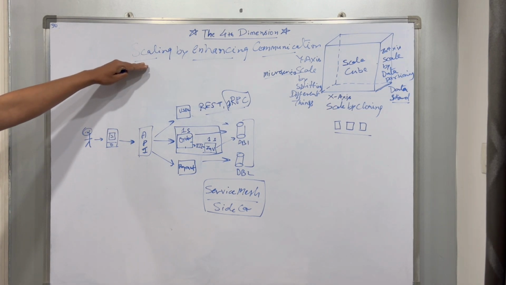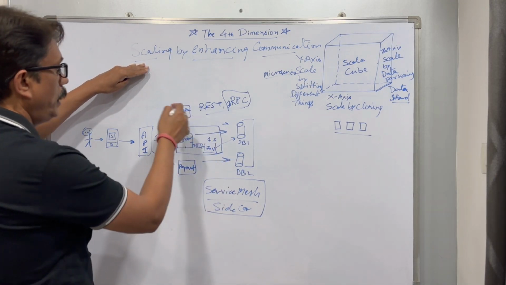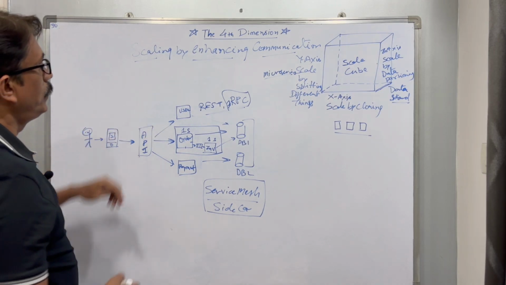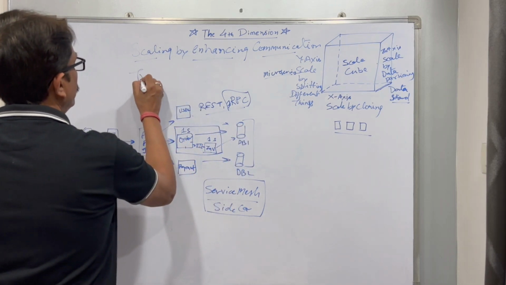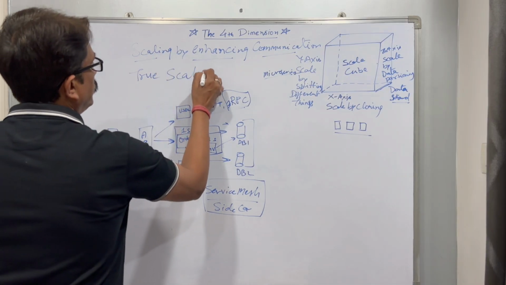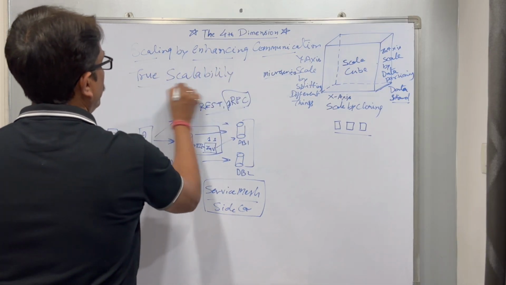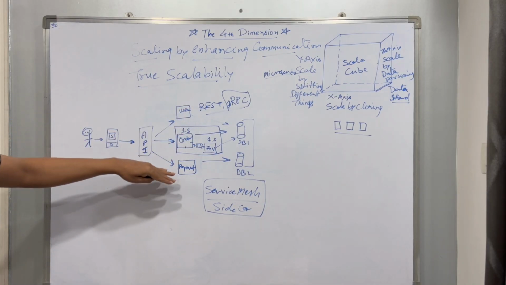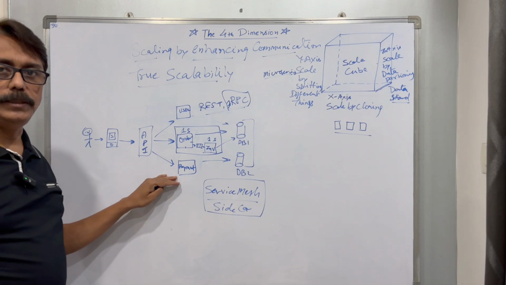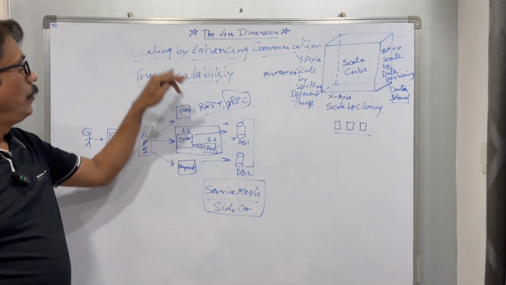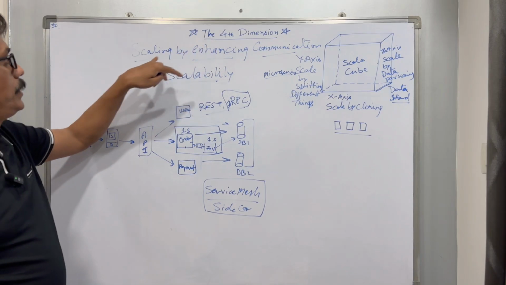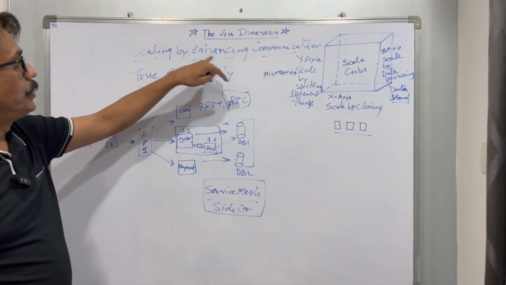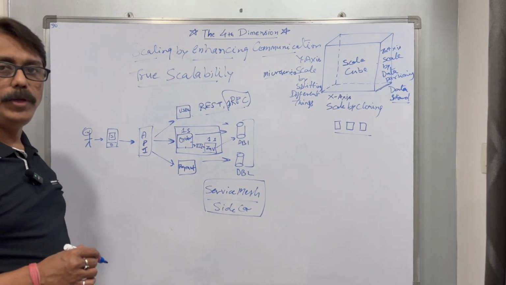If we don't use this, then we will not be efficiently using the resources to achieve true scalability. So if we want to achieve true scalability by efficient utilization of resources, then we have to use the fourth dimension of scalability, to scale by enhancing communication.